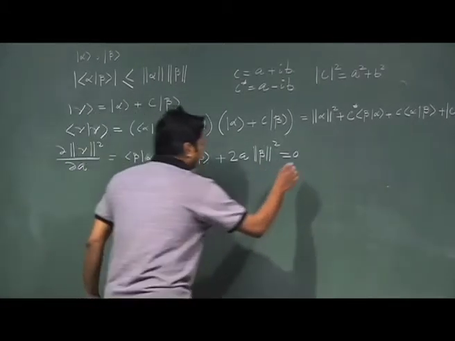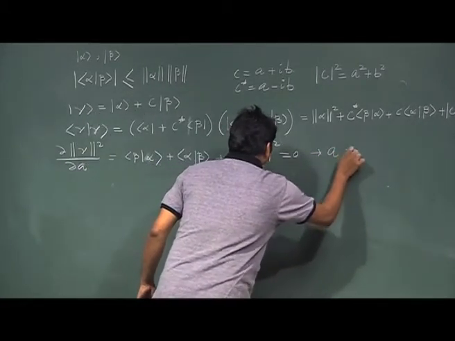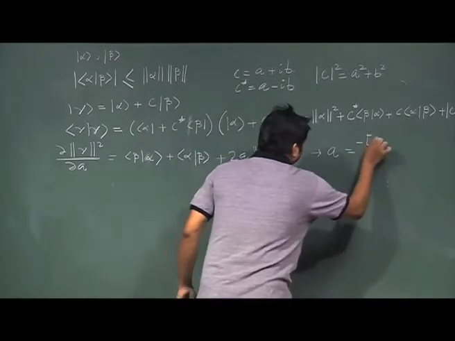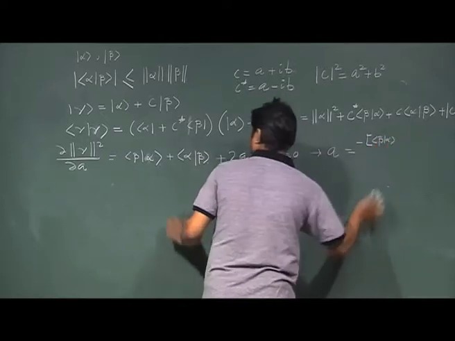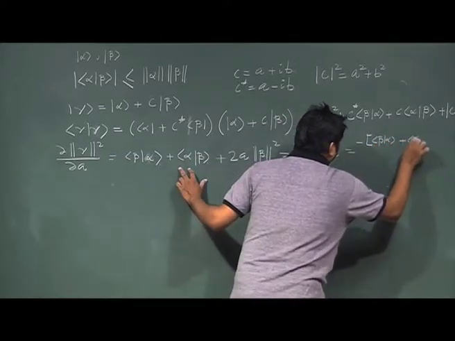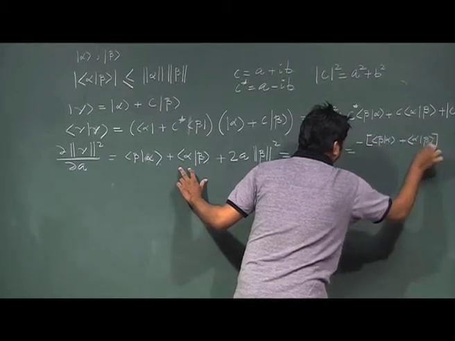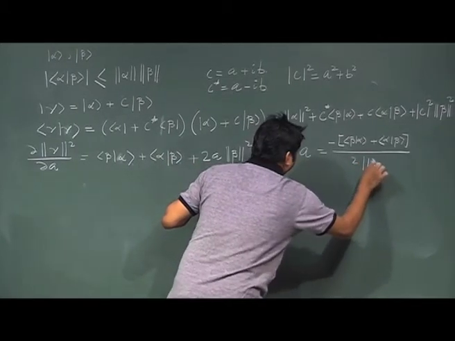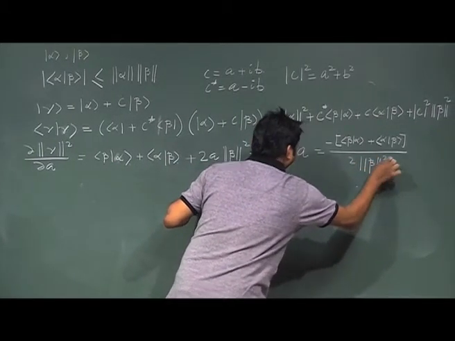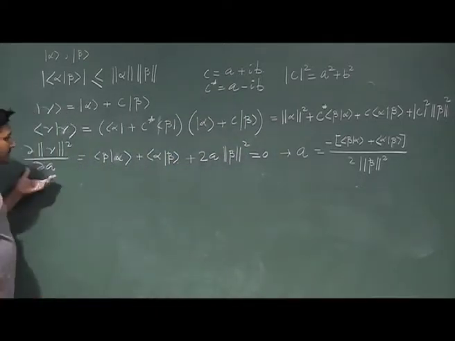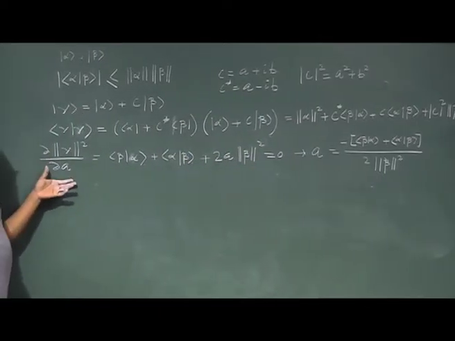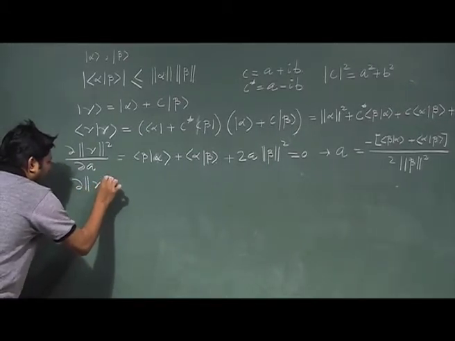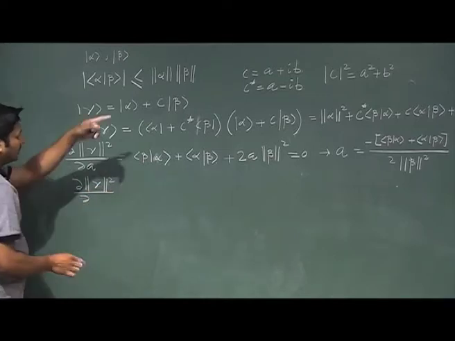This gives me an expression for a: a is equal to minus of beta alpha plus alpha beta, divided by 2 times norm beta square. I can do the same treatment for b also, because b is another variable that I put in my equation through c.